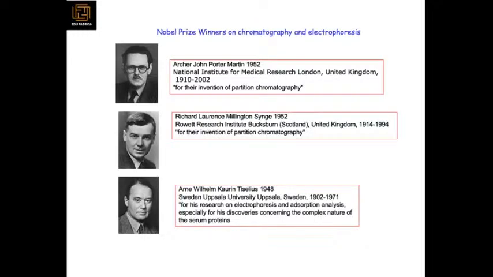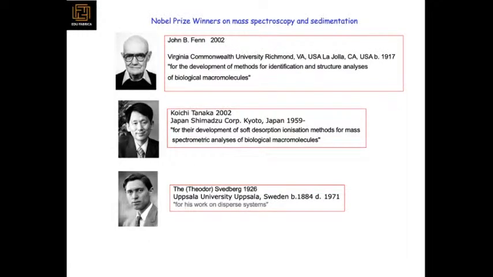So these are the various Nobel Prize winners on chromatography and electrophoresis: Archer John Porter Martin, Richard Lawrence Millington Synge, and others, who did their work in the field of partition chromatography. Then mass spectrometry: John B. Fenn, Tanaka, and Swedberg.